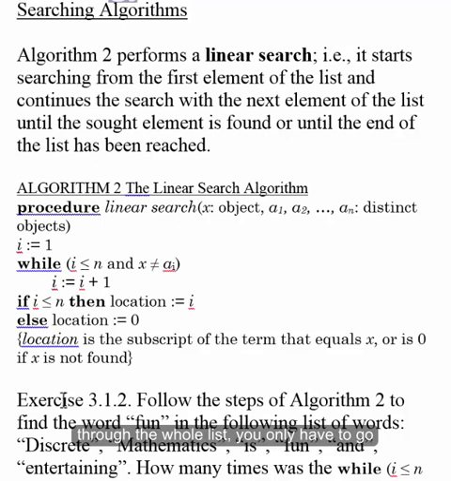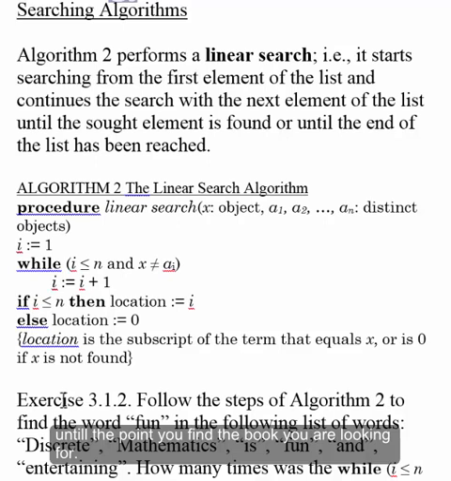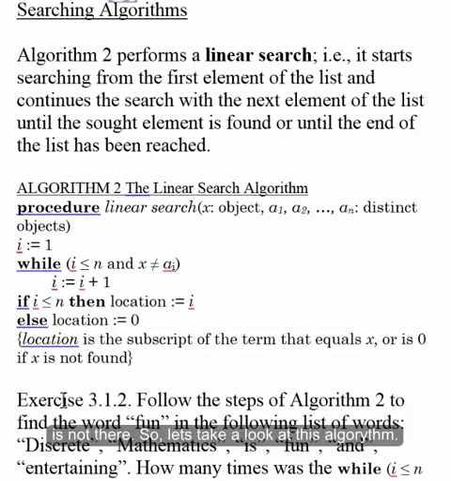You only have to go until the point where you find the book you're looking for, right? Makes sense. But if the book is not in the list, as a consequence, you will have to go through the whole list of books in your bookshelf just to realize that the book you're looking for is not there.